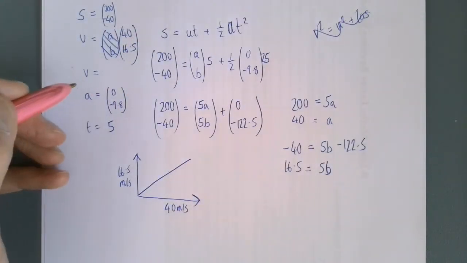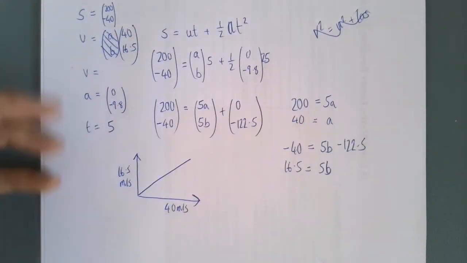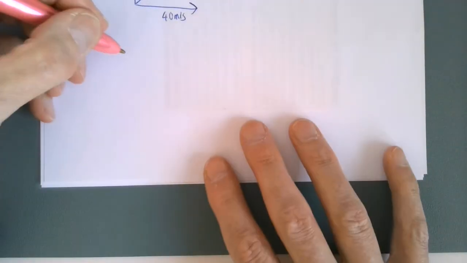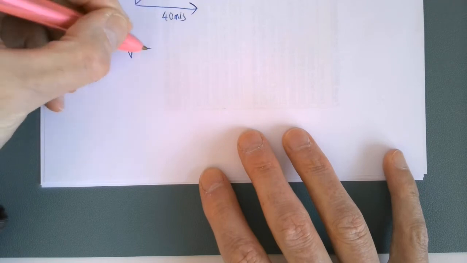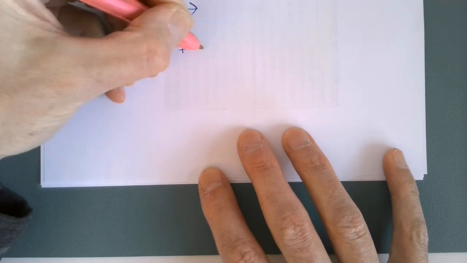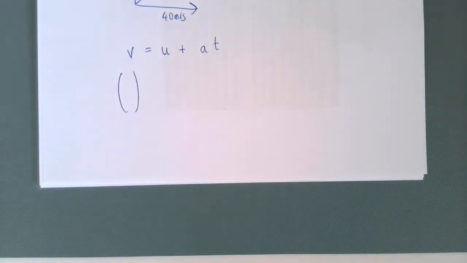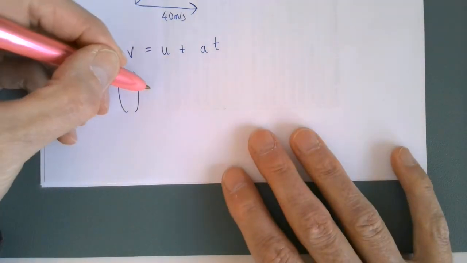In this case, I'm going to use v equals u plus at. And again, if this vector thing is confusing you, I could do it separately, horizontally and vertically. But I want to know the velocity 5 seconds after it's launched. That's what they're asking.